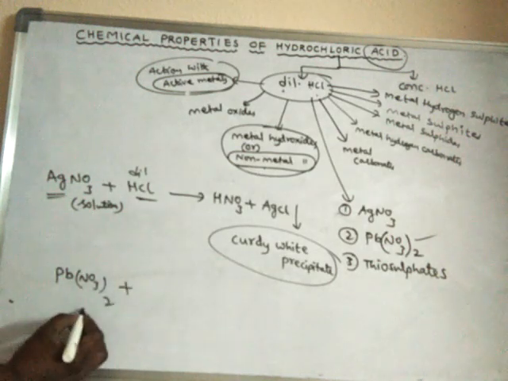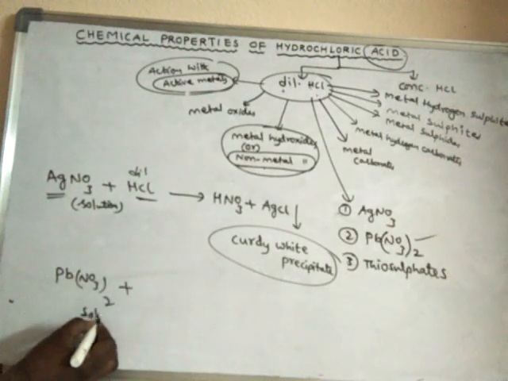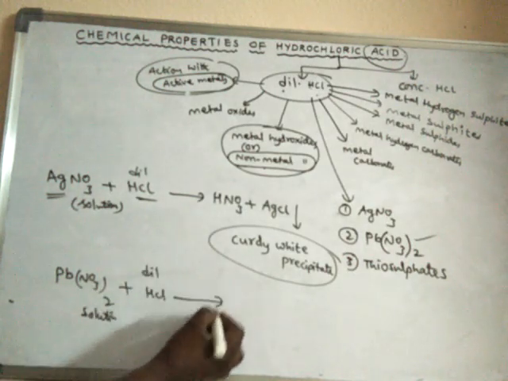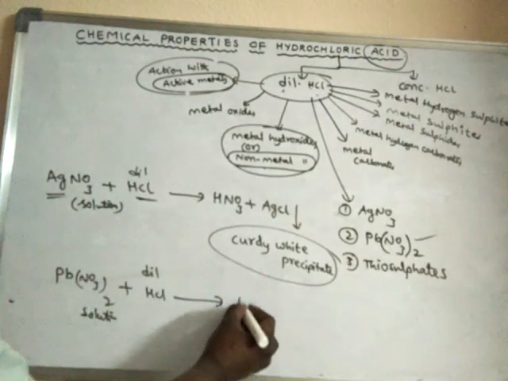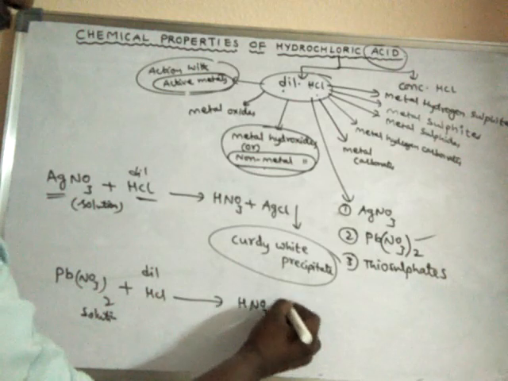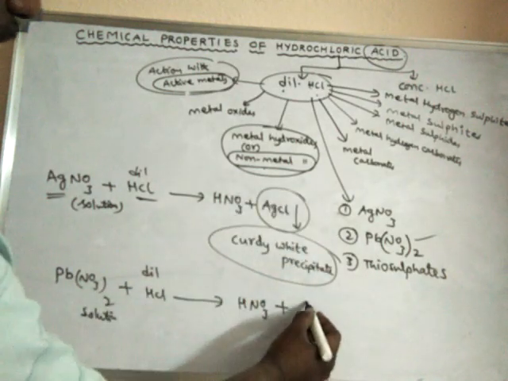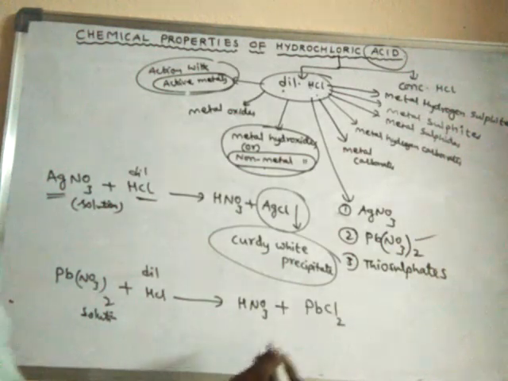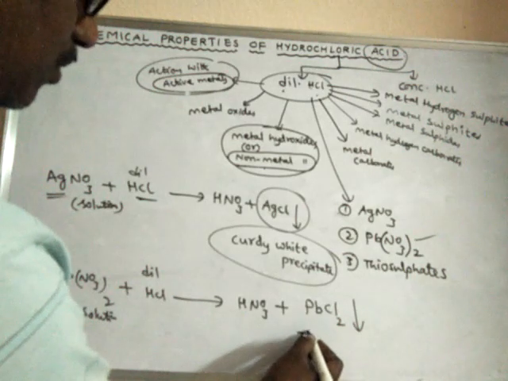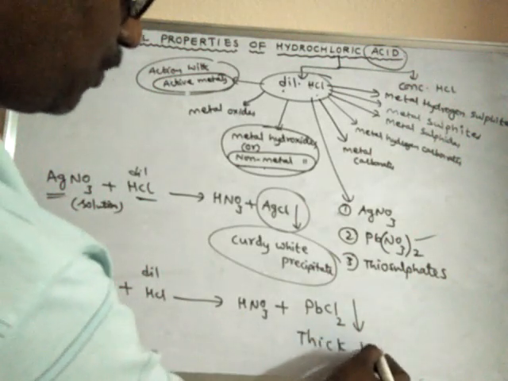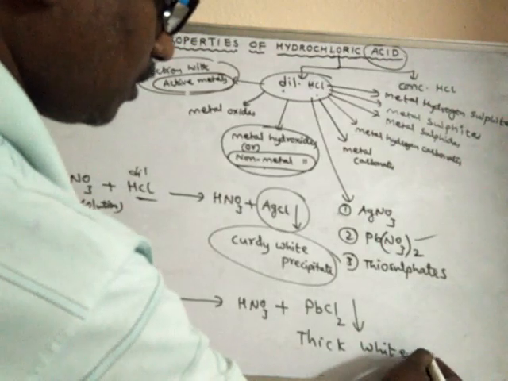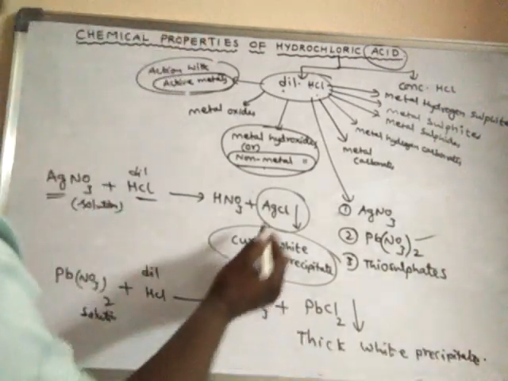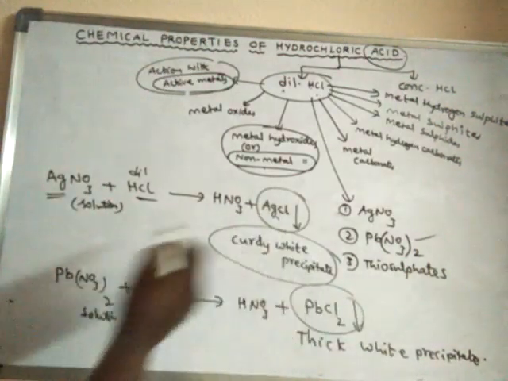Lead nitrate solution reacts with dilute hydrochloric acid to form what? In this case also nitric acid is formed, and here instead of silver chloride it forms lead chloride. It's also a precipitate. A thick white precipitate is formed. So in both cases, you will find a formation of precipitates.